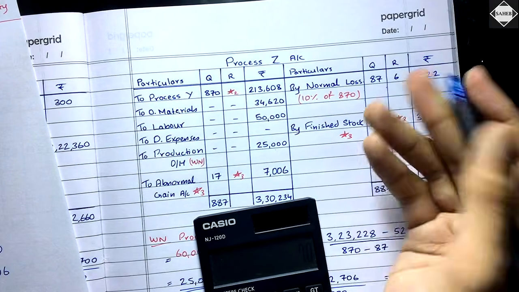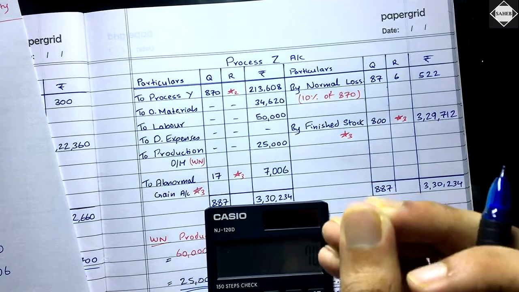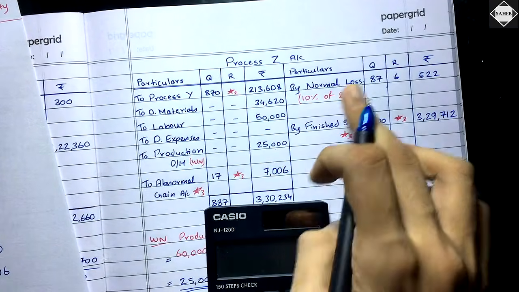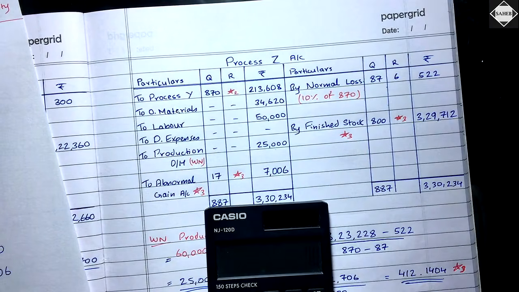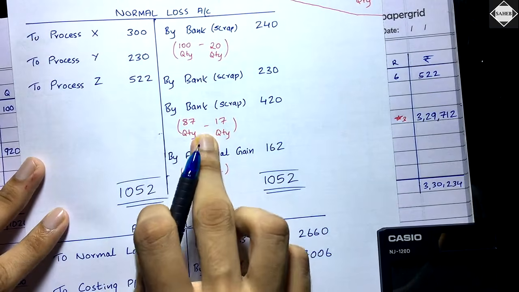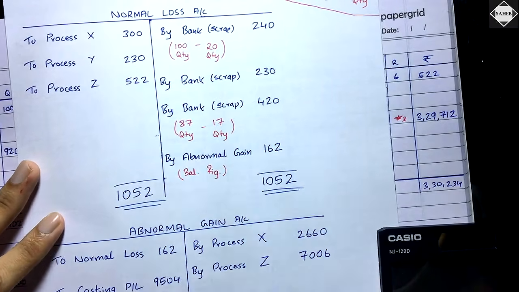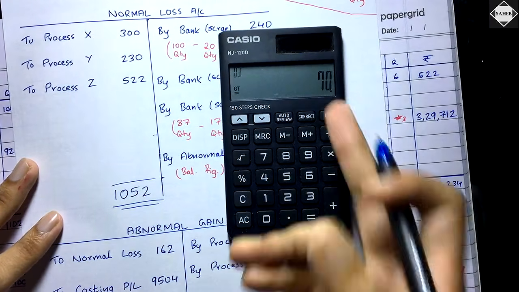So you cannot sell 87 quantity. Out of that 87, 17 is good quantity, so that will go to the output. It cannot be sold. Only 70 will be sold of that normal loss. So normal loss quantity minus abnormal gain quantity, 87 minus 17, that's 70.